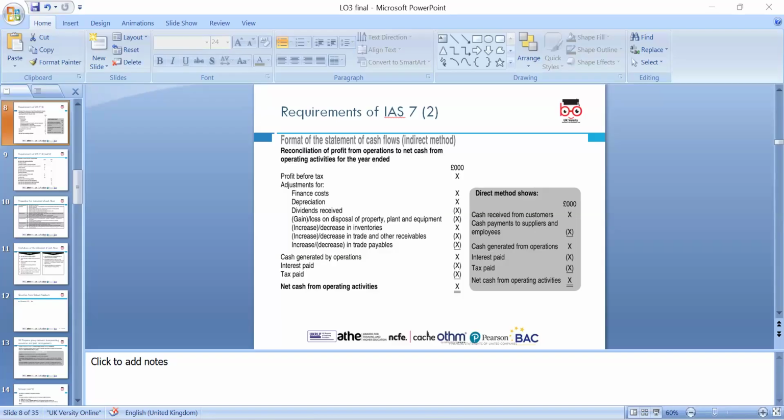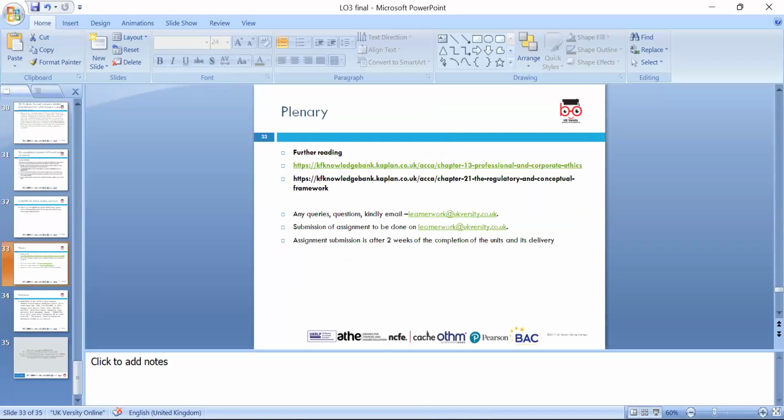I included the links for you here, and the ACCA article also helps when we do the assignment. Let me quickly show you the handouts where we can pick example questions that meet the criteria, and I'll share and demonstrate.